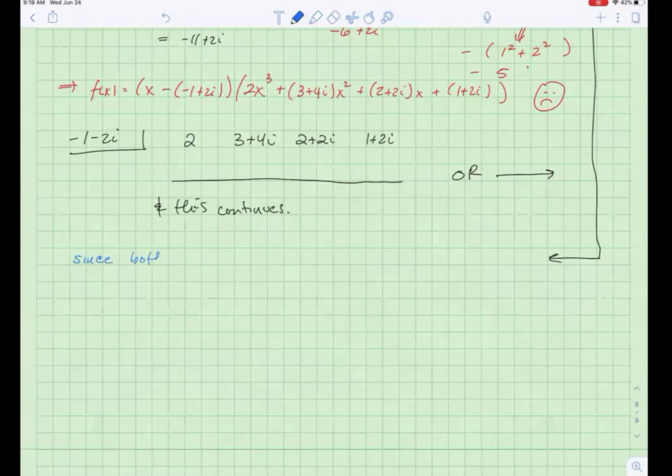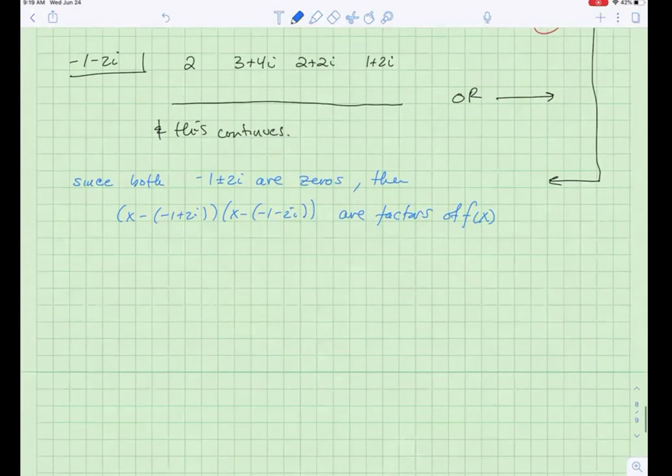Since both -1 plus 2i and -1 minus 2i are zeros, then x minus (-1 plus 2i) and x minus (-1 minus 2i) are factors of f of x.